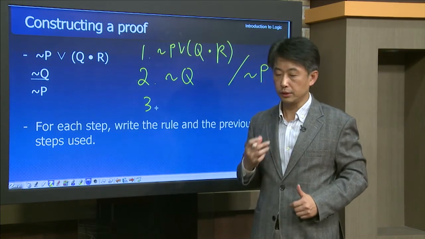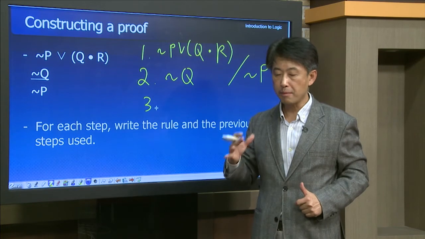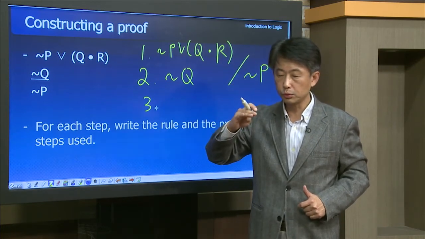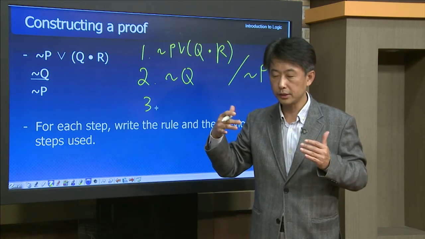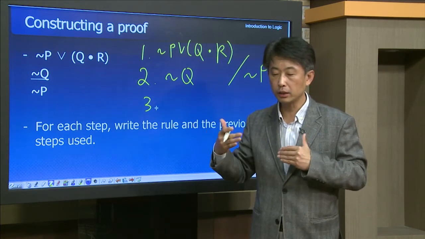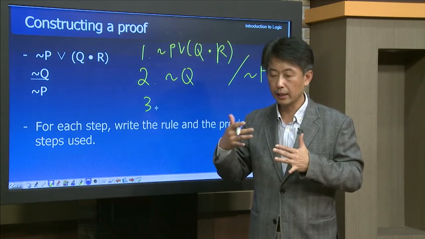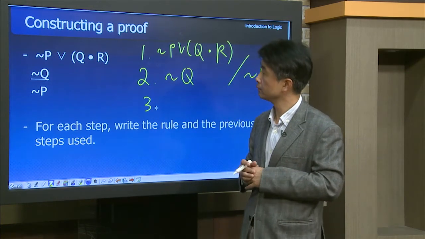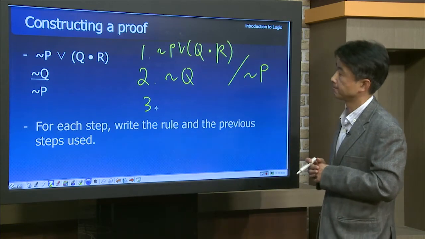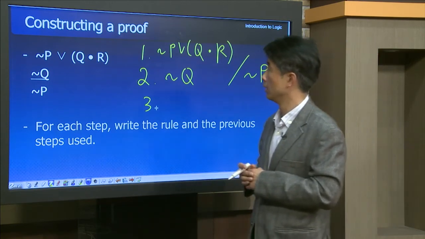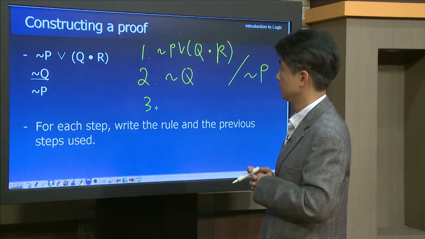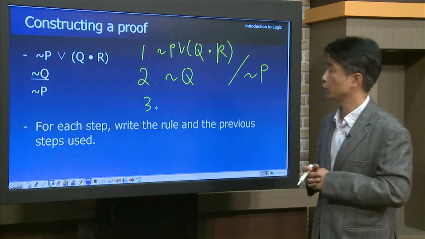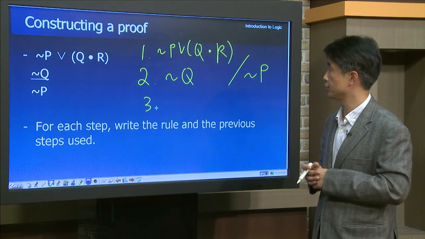What I do is this. I look at the premises and go over all these rules and try to see if there is any particular rule that can be applied in this situation. Let's see. What I can do here is this.